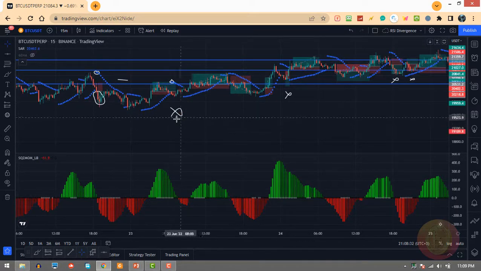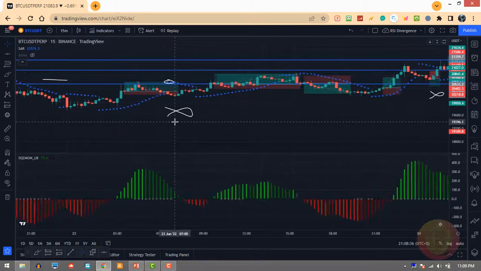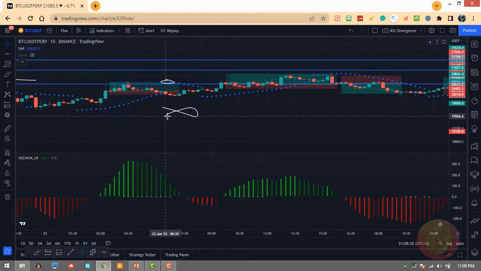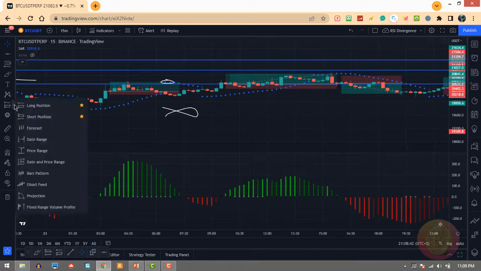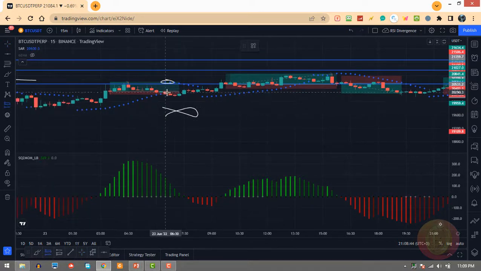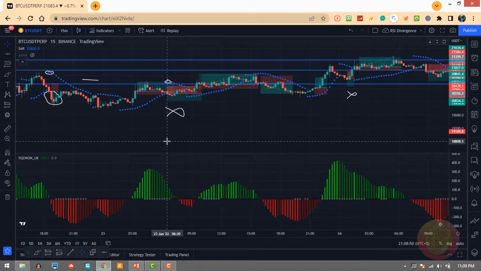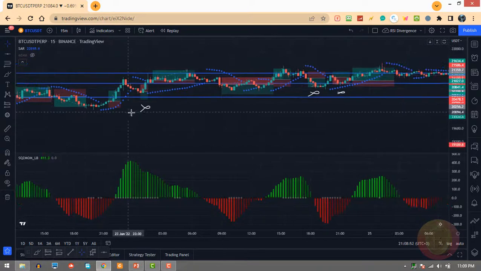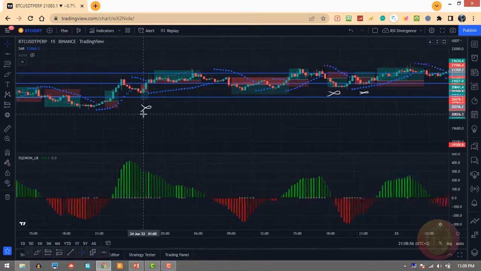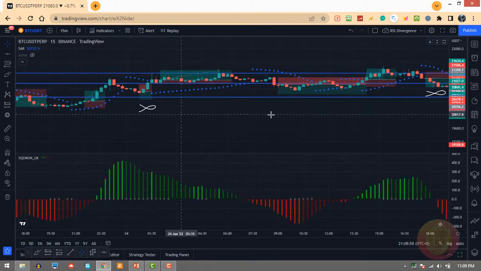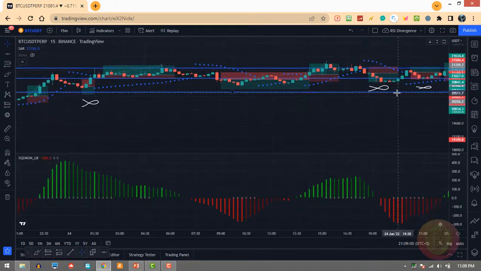Here we have this cross. I will explain why this is a cross, which means this signal, although it is valid by all the conditions we have studied, which means it had broken the horizontal line, was still a false signal. I hope you understand what I'm trying to say. This cross is also a cross on green.